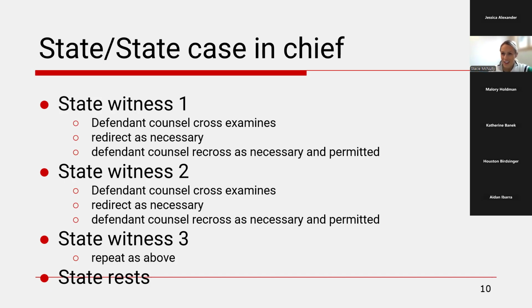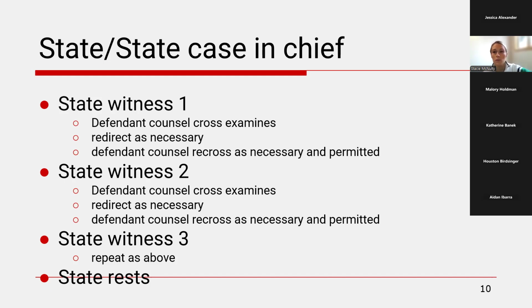If I feel like we ended on a really bad note after cross-examination and I really want to emphasize one point, I want to bring something back to explain, that's called redirect. So state direct exam, defendant cross-exam, state can do redirect, and then you can do recross as necessary, but it needs to also be permitted. The scope gets smaller and smaller, and we'll continue to discuss this later.